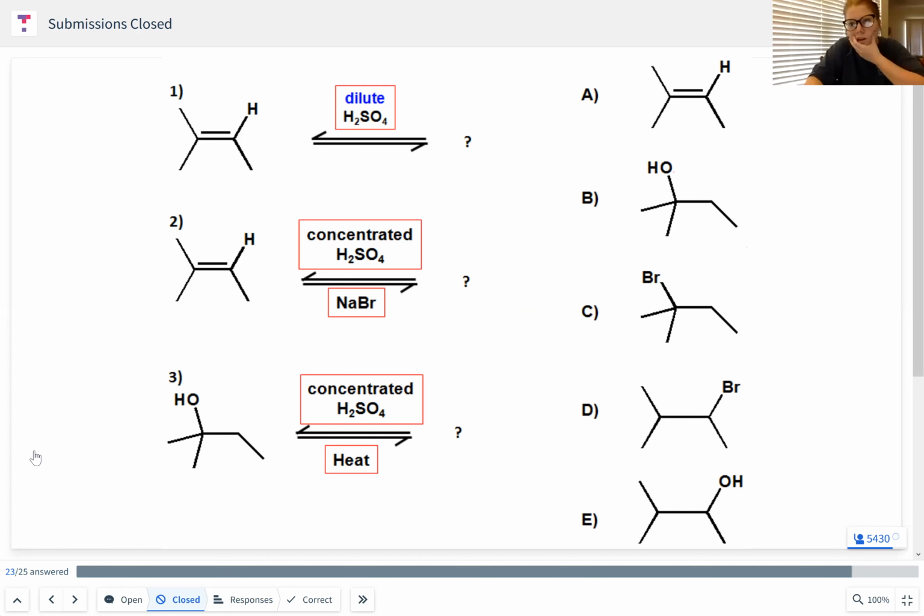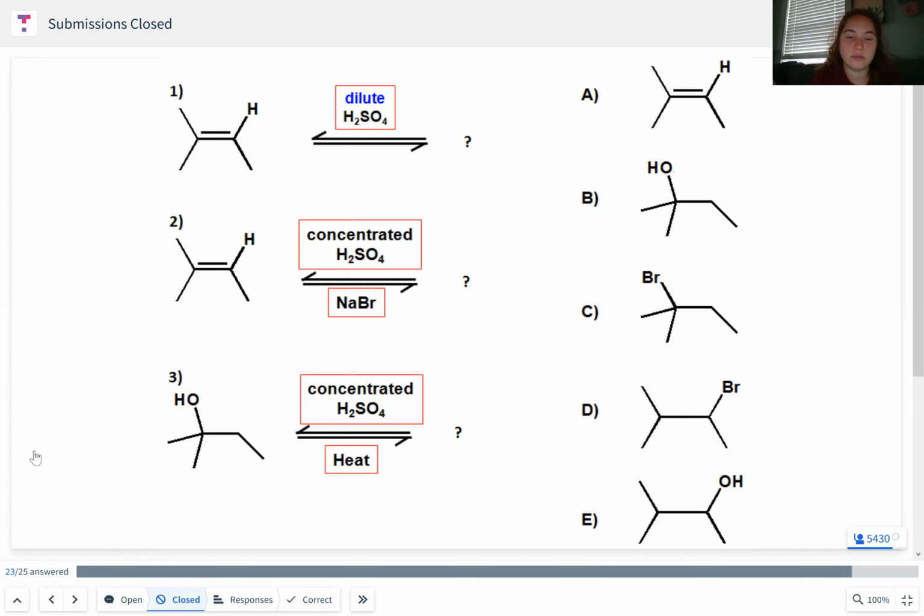B. B, right. Okay, our next problem: we have concentrated sulfuric acid, which means there's no water present, and we have sodium bromide. So what is the role of the sulfuric acid here? To take away the double bond. Right, it's to protonate the double bond.